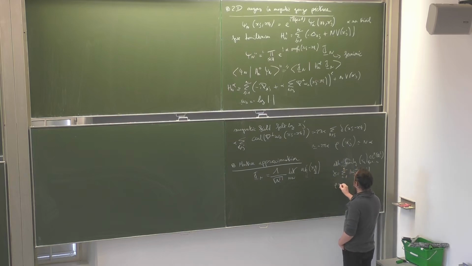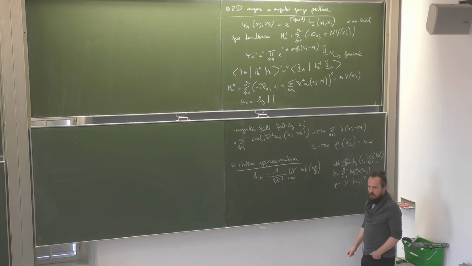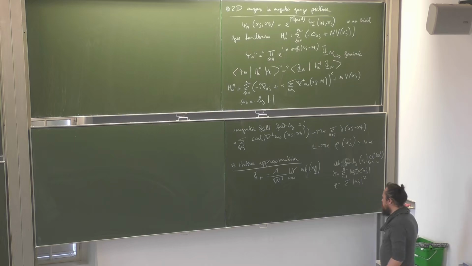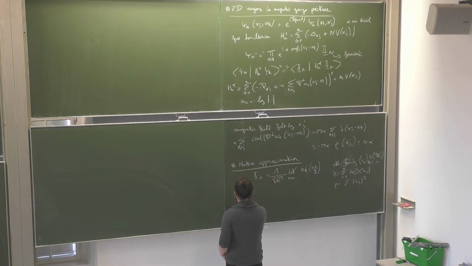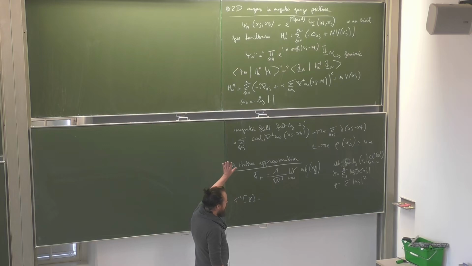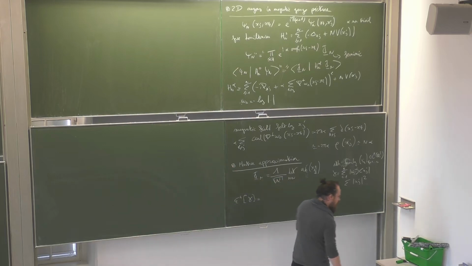The associated density rho is just the sum of the u_j squared. And what is the approximation? It's that you're going to have a Hartree functional of gamma. Again, I neglect some terms that are a little bit annoying. And it looks as follows.